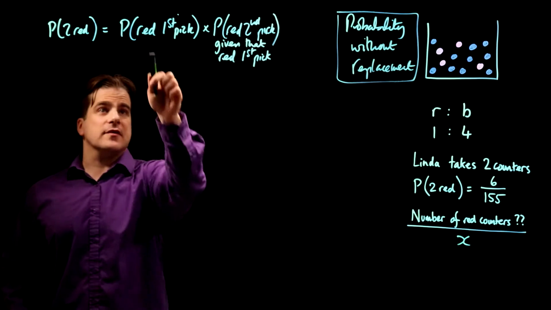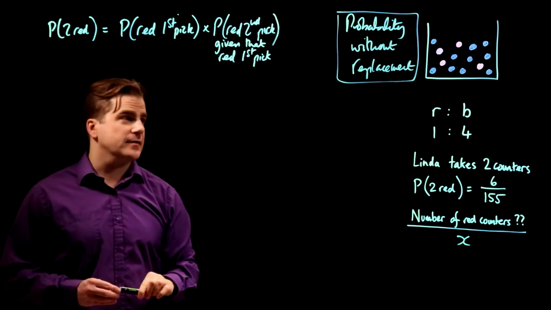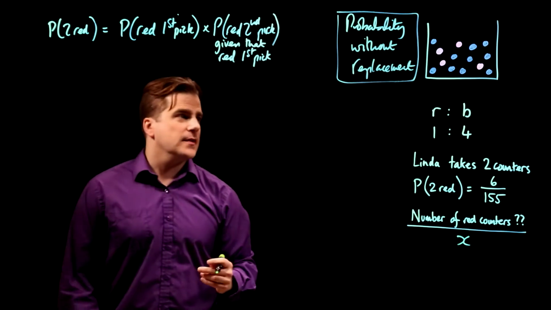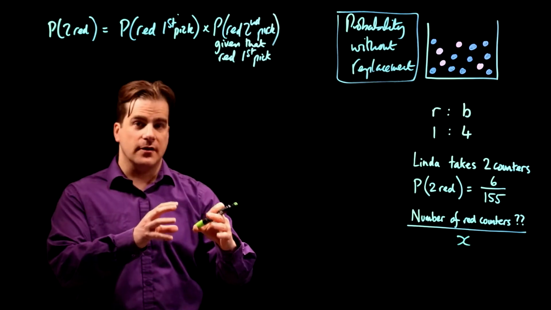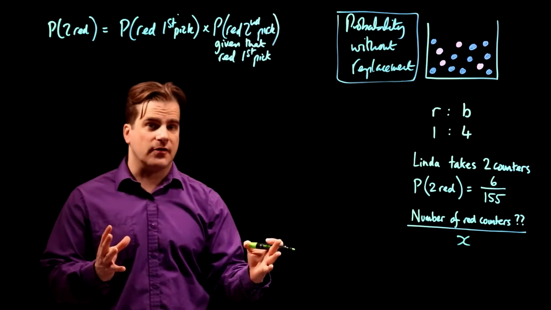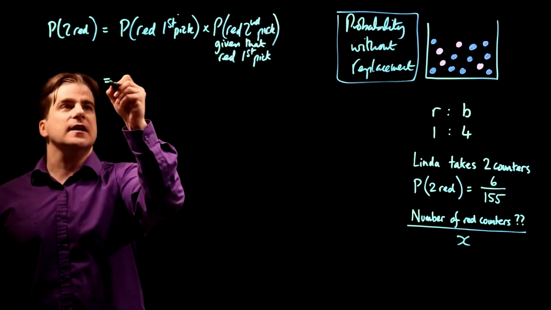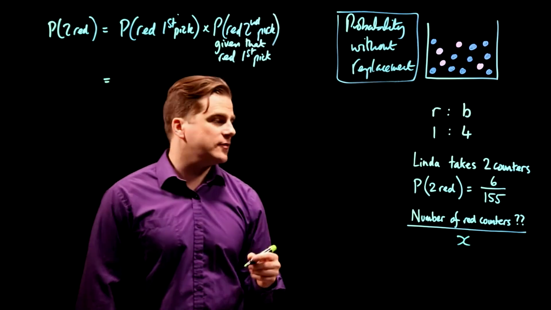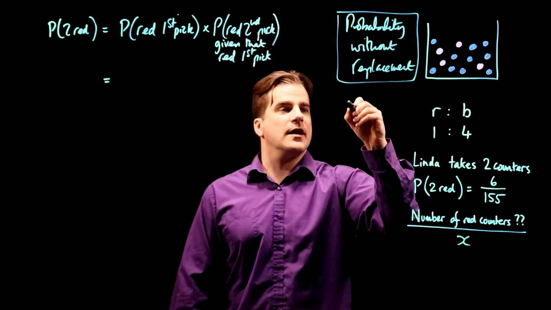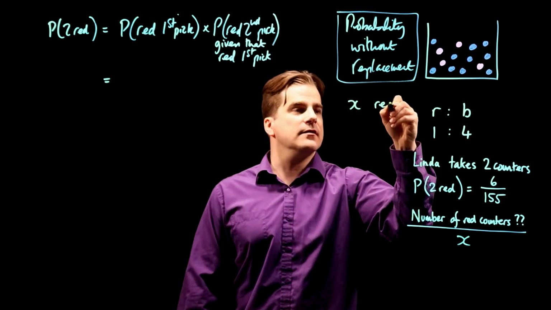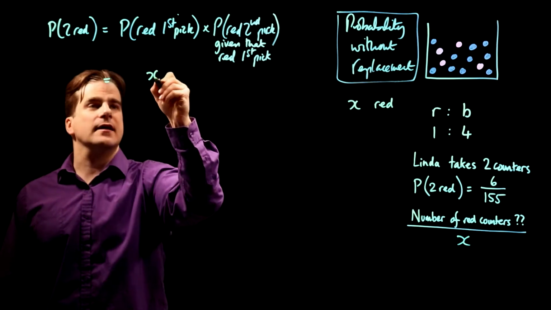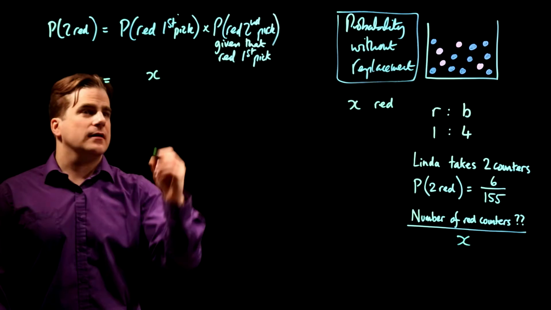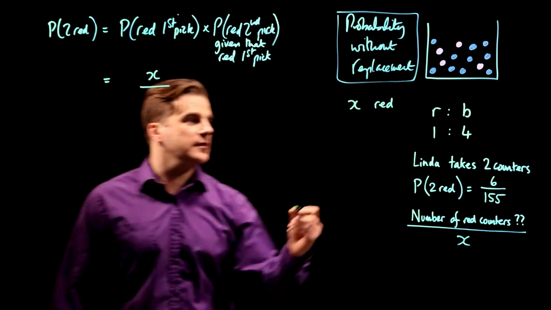So, what is the probability of choosing a red with the first pick? Well, it's the number of red counters in the box divided by the total number of counters. There's x red initially, so it's x divided by the total number of counters.